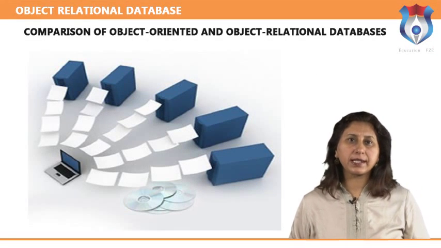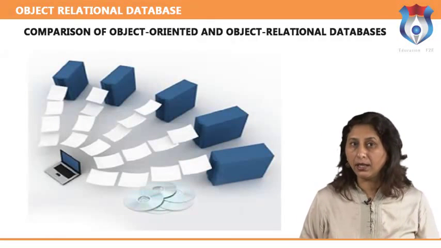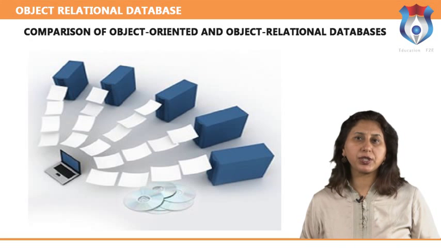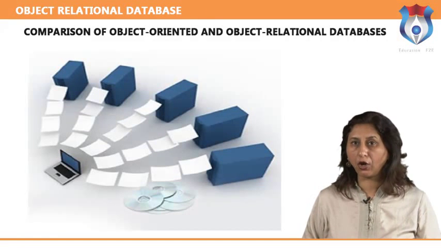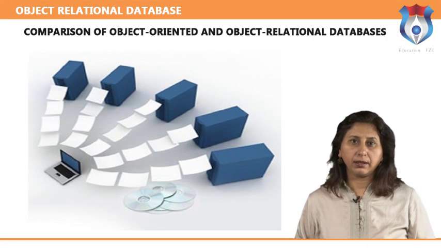Object-relational systems aim at making data modeling and querying easier by using complex data types. Typical applications include storage and querying of complex data, including multimedia data.